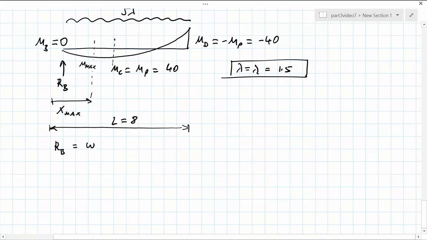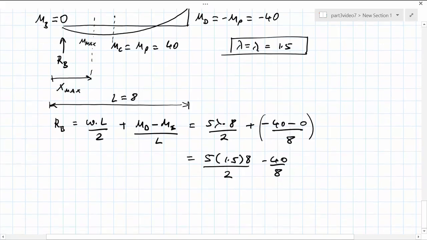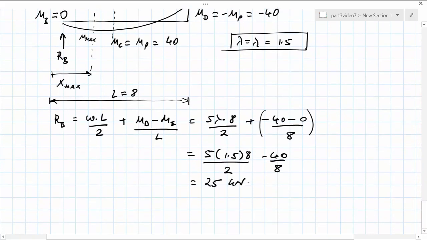So RB is equal to W times L over 2 plus MD minus MB divided by L, and that's equal to 5 lambda times 8 over 2 plus minus 40 minus 0 divided by 8, and that's equal to 5 times 1.5 times 8 over 2 minus 40 over 8, which is equal to 25 kilonewtons.